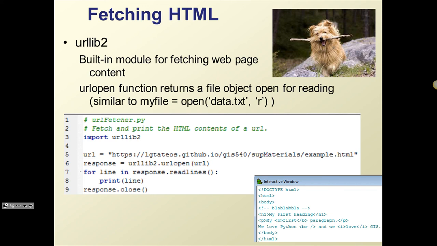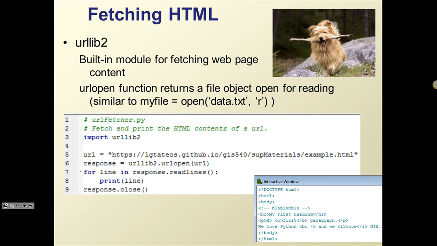To fetch files from the internet, we can use the urllib2 module. We can use it to fetch web pages. In order to do so, we need to import it and then specify the URL of the file that we want to pull down. Then we pass that into urlopen and it returns a response.